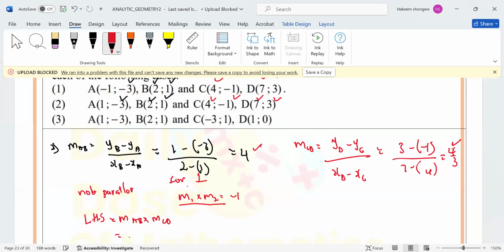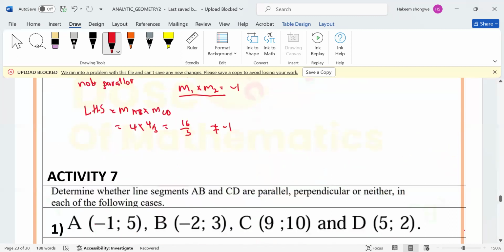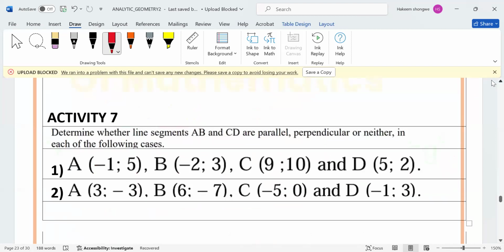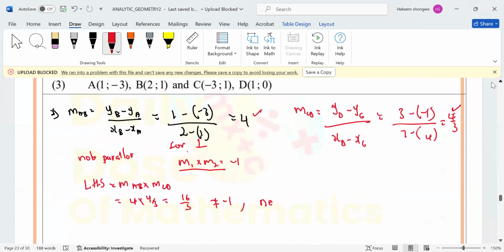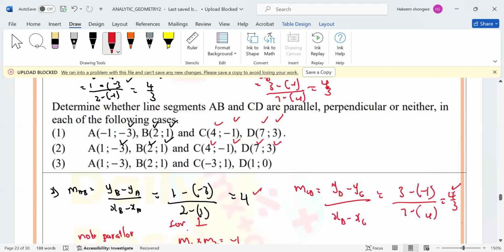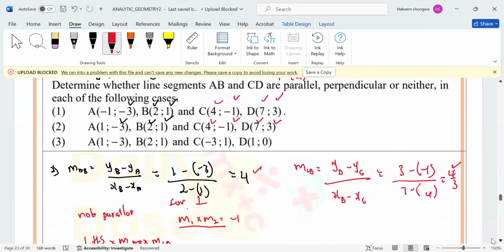Now, what is M of AB? It's 4 multiplied by 4 all over 3, which gives us 16 all over 3, which is not equal to minus 1. Therefore, these lines are neither. They are not perpendicular, nor parallel. So I'm going to say neither. It's fine.